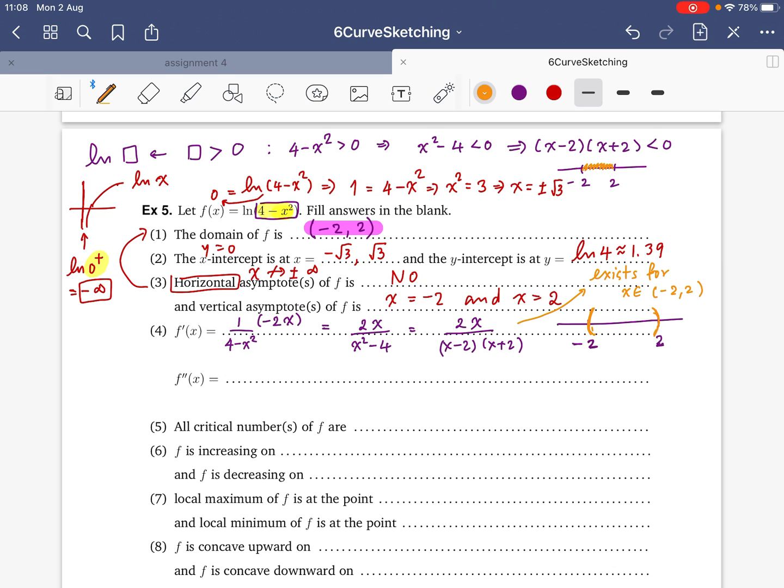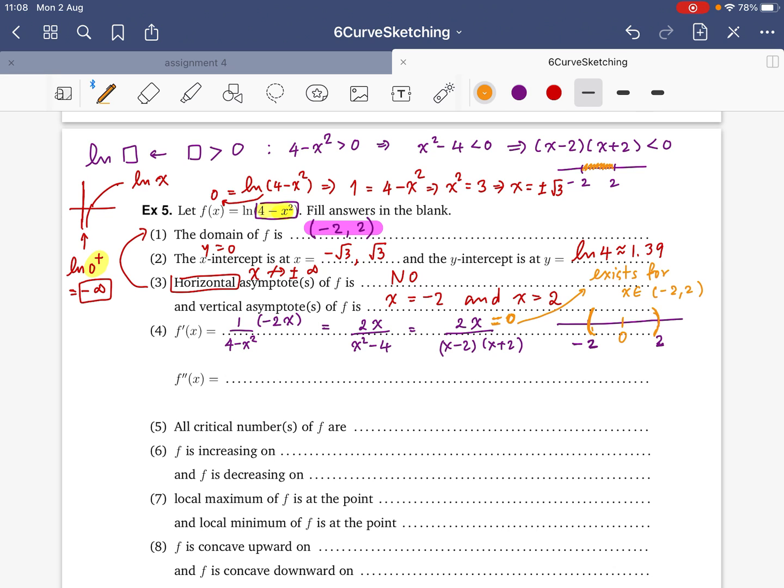So the only critical value will be the one that makes your derivative equal to 0. And if your derivative equals 0, it means that your top only equals 0, so it means your x equals 0. So again, we are not going to consider anything outside.